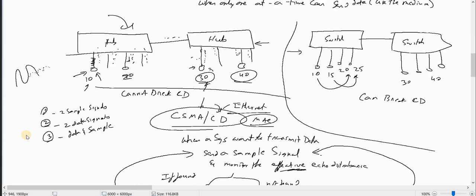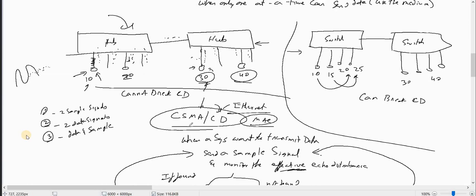Even if somebody is using hubs, they are also having a full duplex mode of communication. Okay. So really it does not matter. The real challenge is not about the duplexity. The challenge is that the sample signals are going everywhere.